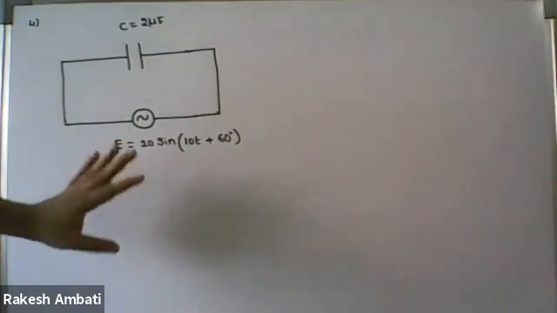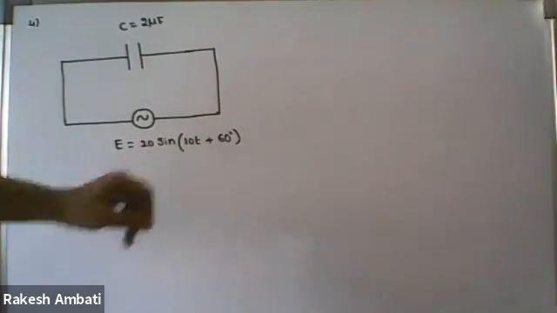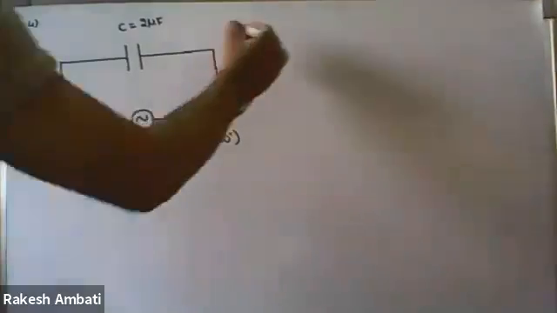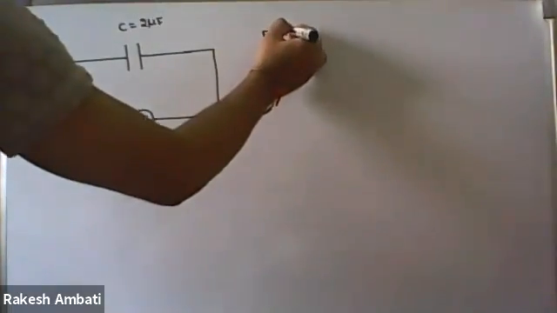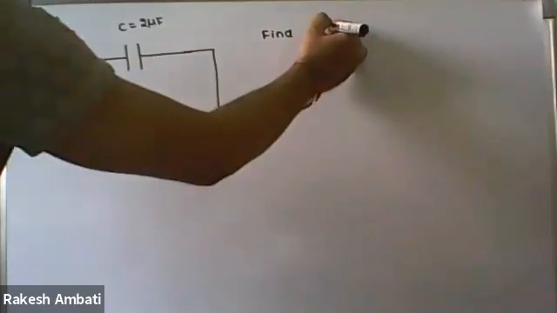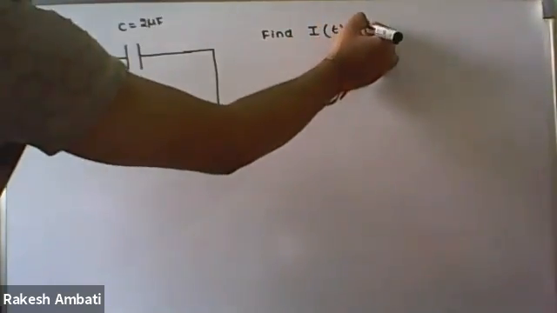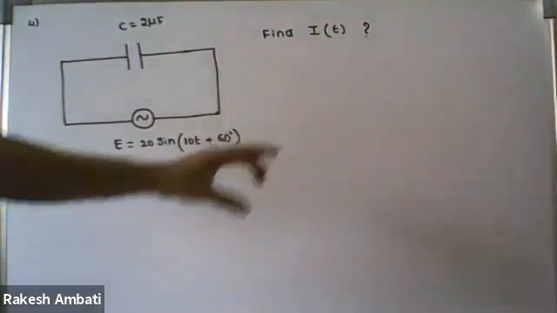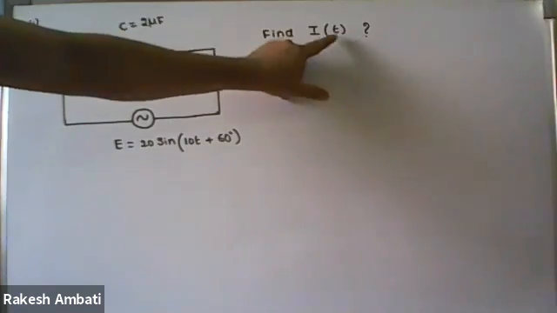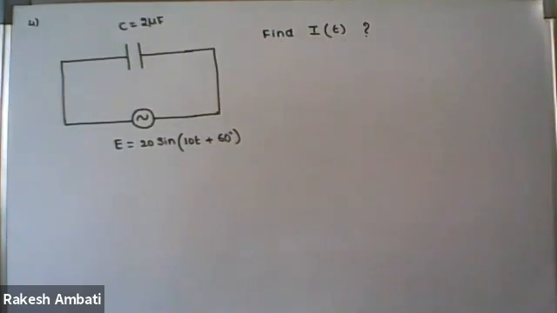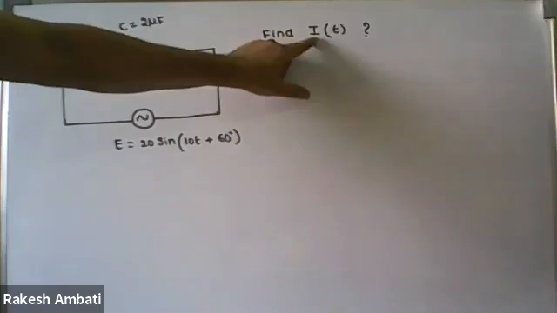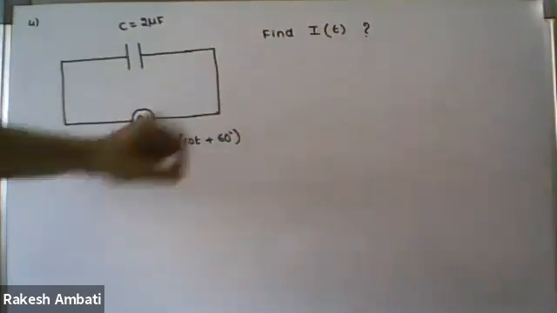The EMF equation is 20 sine 10t plus 60 degrees. Find the current as a function of time. We have to find the current as a function of time.